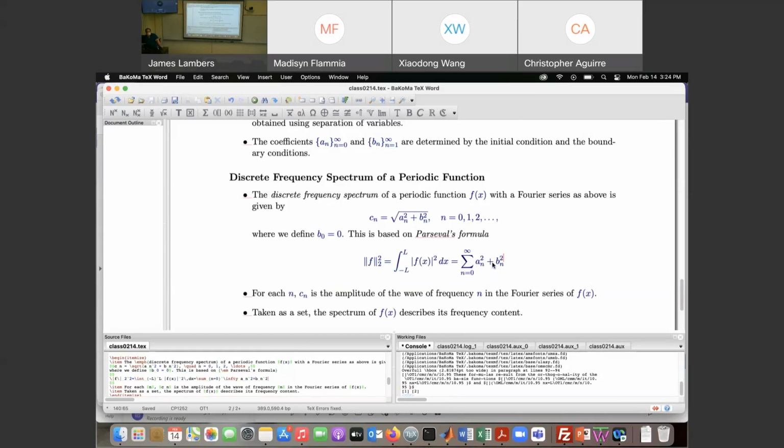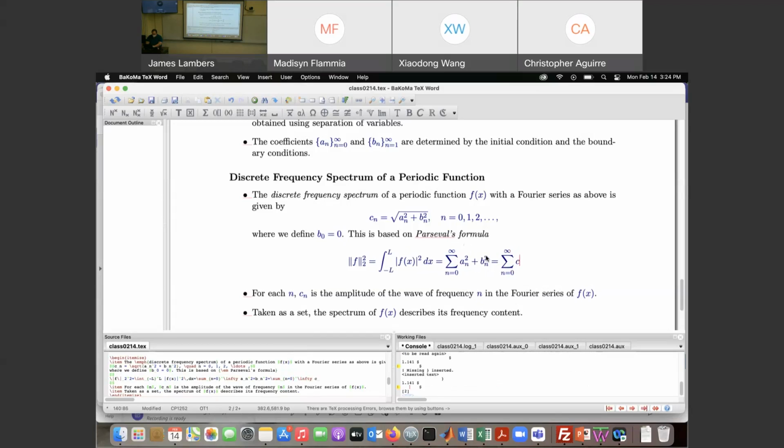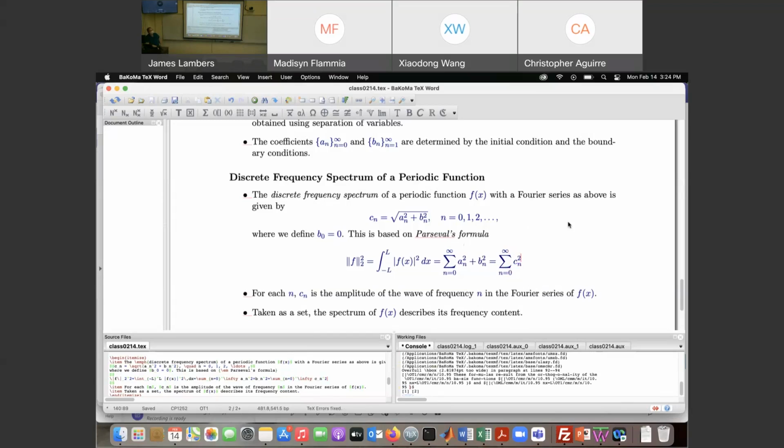Now, you want to focus on just the ones of a single frequency. So actually what you can say is this would be the same as that. A way to think of it is, if you were to remove all of f's content that was not of frequency n, then this would be the magnitude of what's left that is of that frequency.